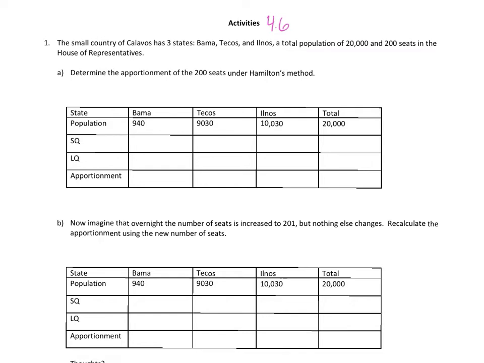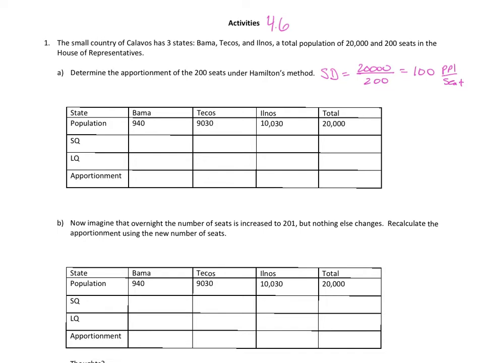So we start the same in almost all of the methods by calculating the standard divisor, which is the total population divided by the number of seats to give out, which comes out to 100 people per seat. Then we calculate standard quotas by dividing each state's population by the standard divisor.